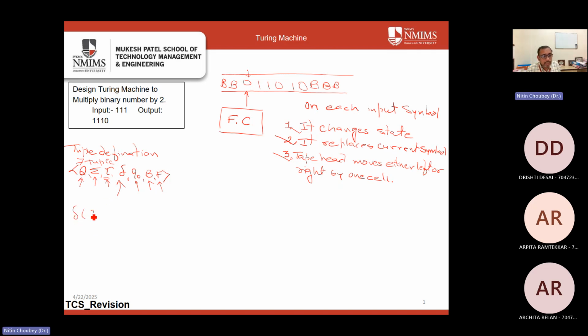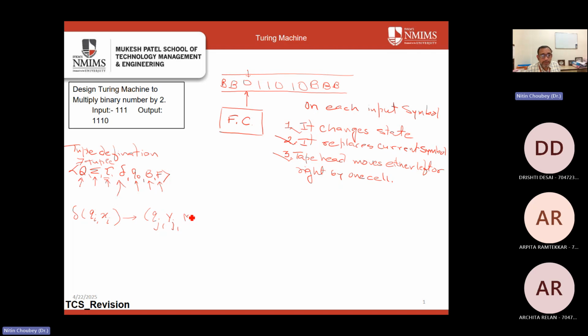Delta of qi, where qi is the initial state, and xi is any input symbol currently being scanned. What it does is change the state, let's say to qj. It replaces this xi with another symbol, let's say yj, and the movement of the tape head also happens, which needs to be specified while showing the transition function.